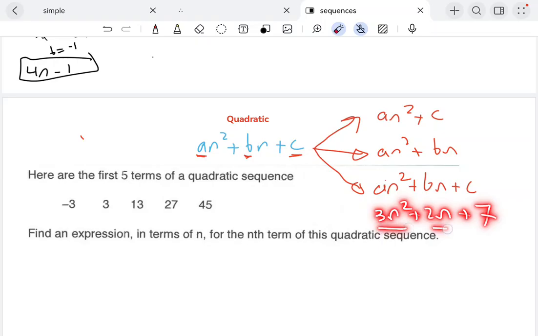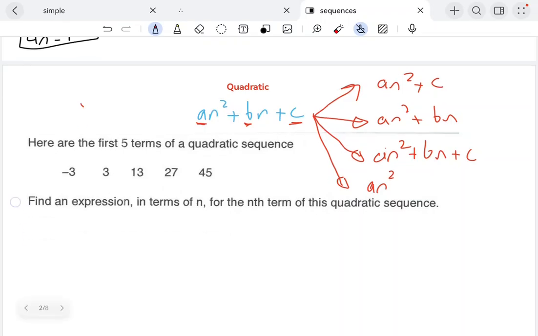So I have all the 3 terms. So I could have 2 terms, I could have 3 terms. Also, sorry I forgot to say that, it could be only an squared. Maybe I don't have the constant, I don't have the bn. Maybe I have only an squared. So all these are possible.